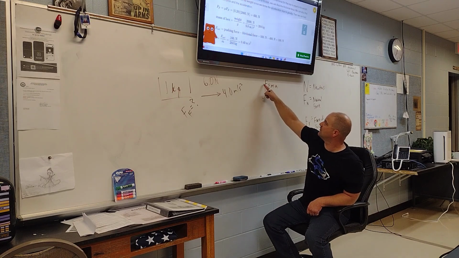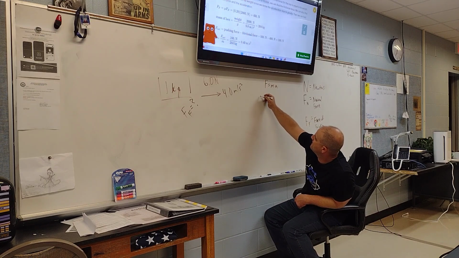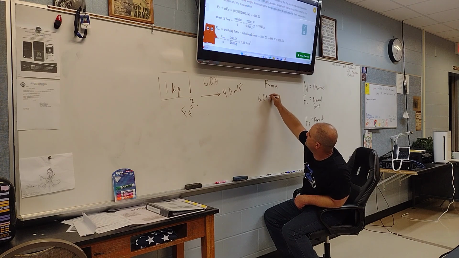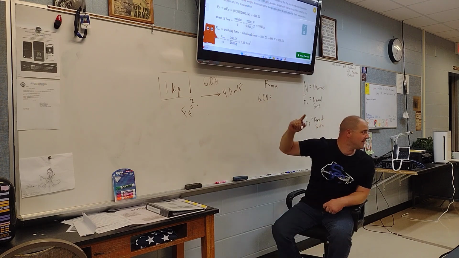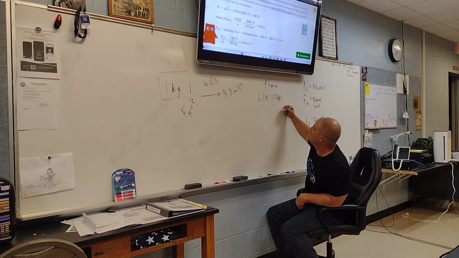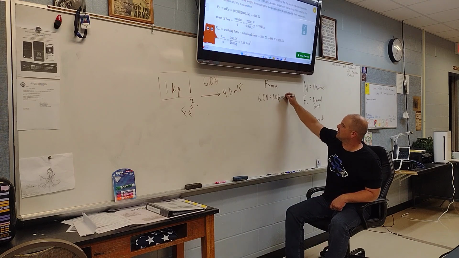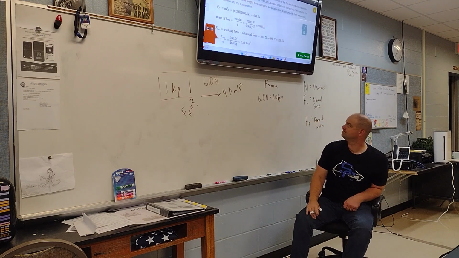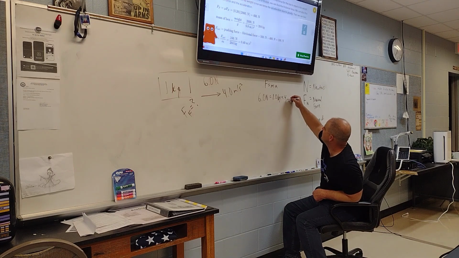What are we given for force? 6.0 newtons is equal to, what were we given for mass? 1.0 kilograms. And what were we given for acceleration? 4 meters per second squared. Okay?